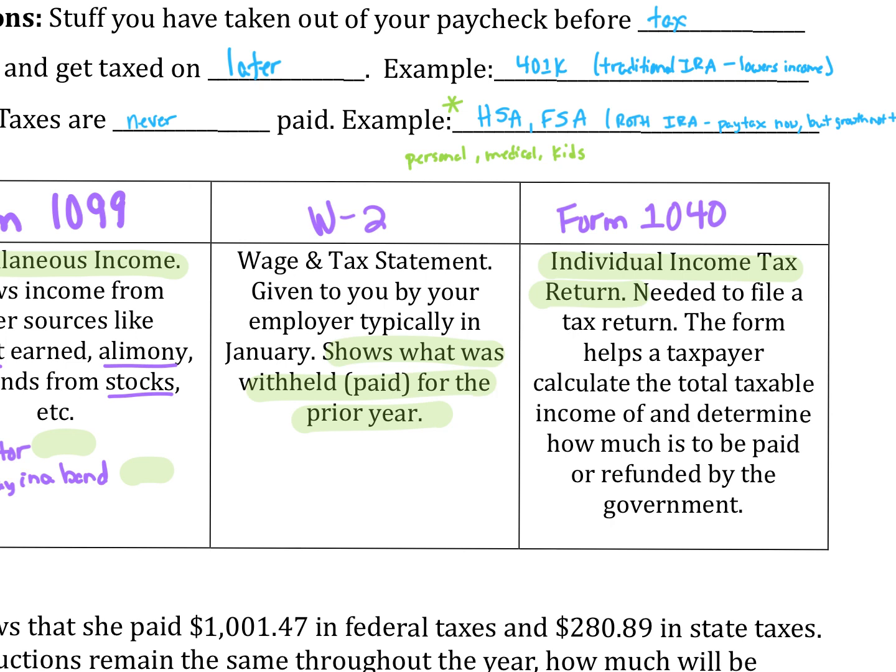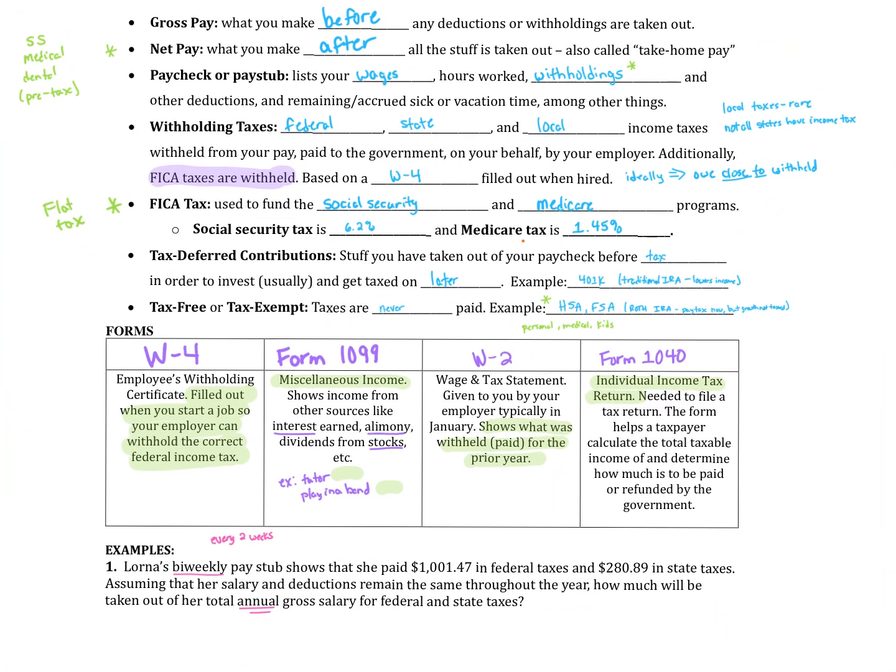So some people get money paid back to them because they paid too much in taxes, they had too much taken out of their paycheck, and others owe more money because they didn't have enough taken out. Okay? All right, questions, comments, thoughts on any of that?